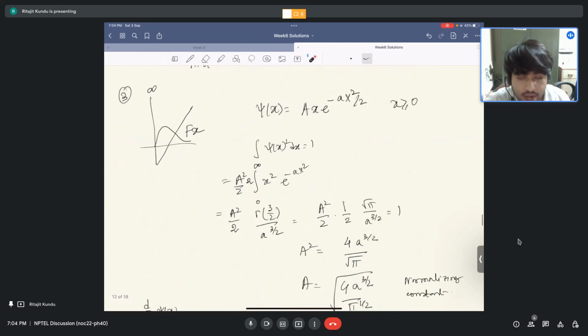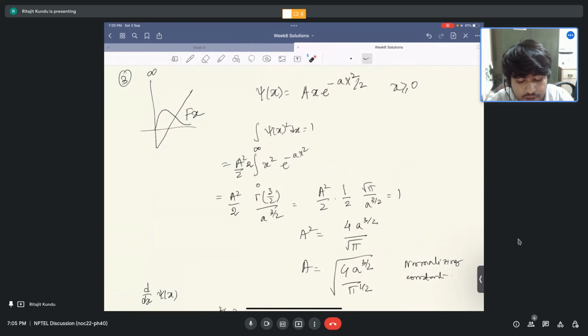Now I would like to discuss this potential. In this potential, you see that I am not taking a bell-shaped curve. So in this case, a good initial guess is not a guess which has a bell shape. Why is that?